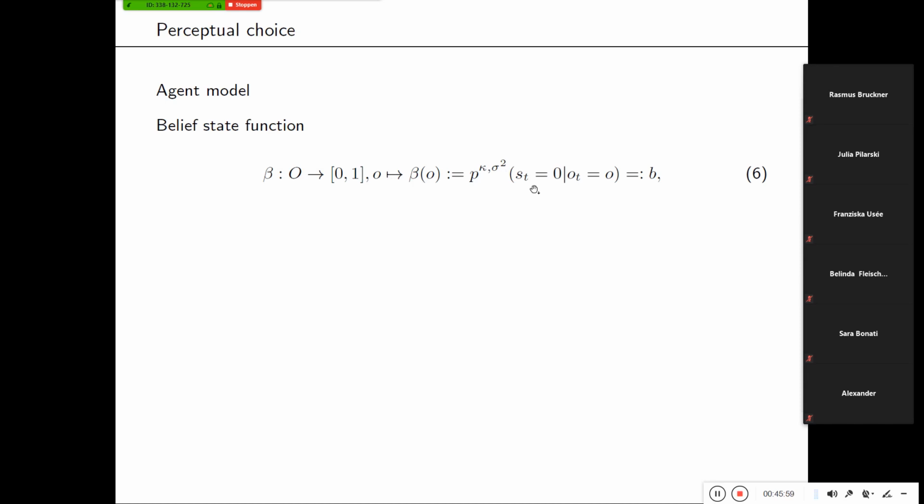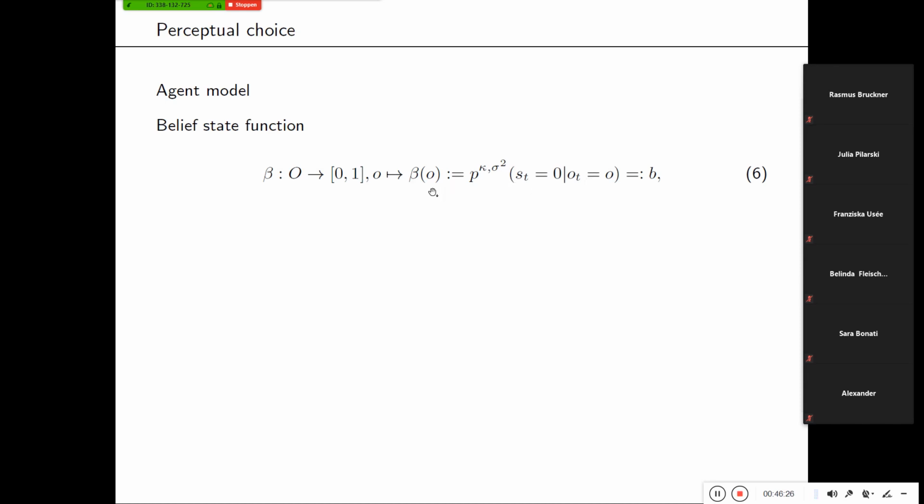So is the contrast higher left or right? The way we parameterize that here is as the probability of the state being 0, because if we know the probability of the state being 0, we also know the probability of the state being 1, because that's just 1 minus the probability of the state being 0, given the current observation.